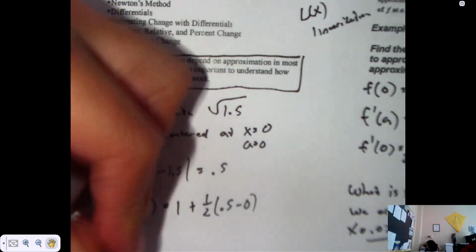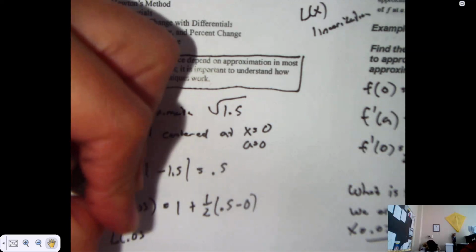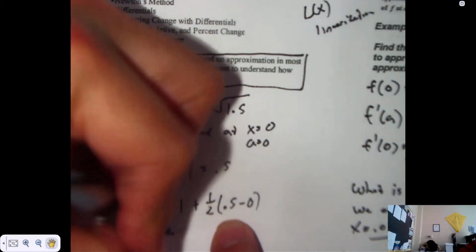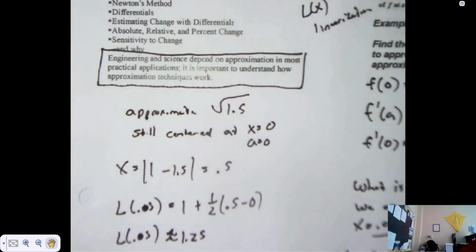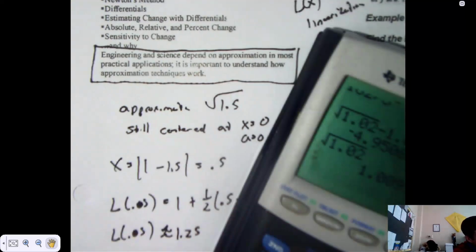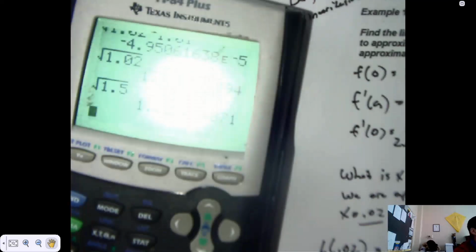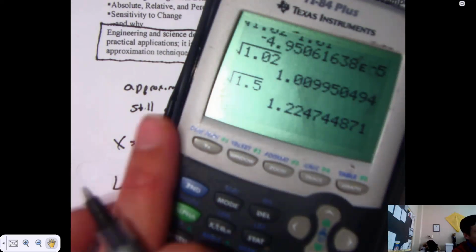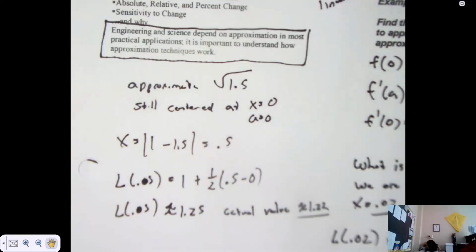So linearization of 0.5 is going to be about 1.25. I know this is exciting stuff. It's still not actually horribly bad. The actual value is about 1.22. So it's actually still fairly accurate, but not all that accurate.